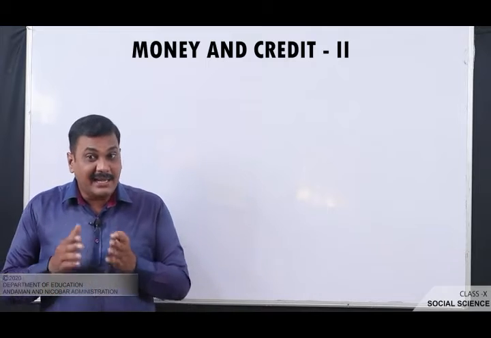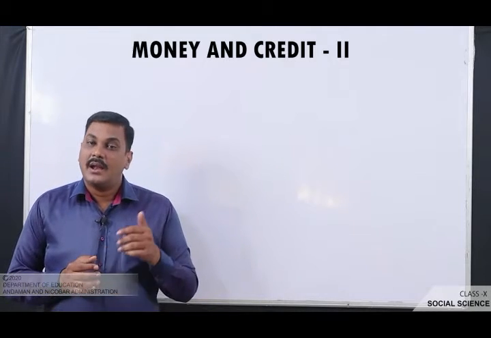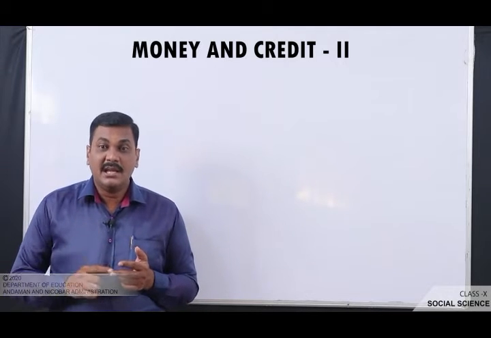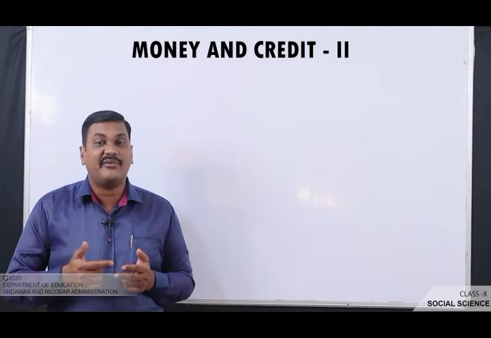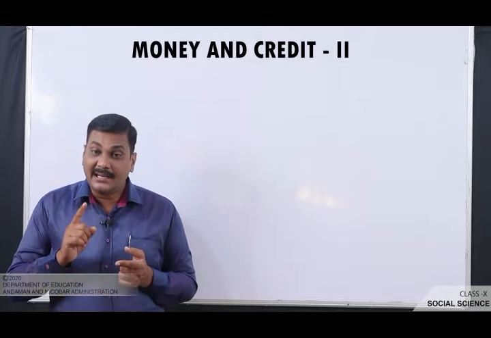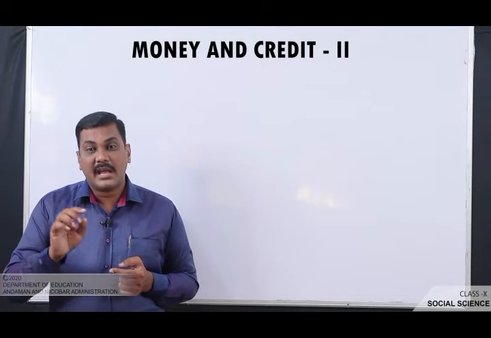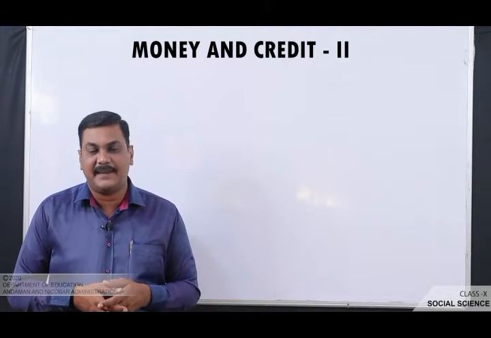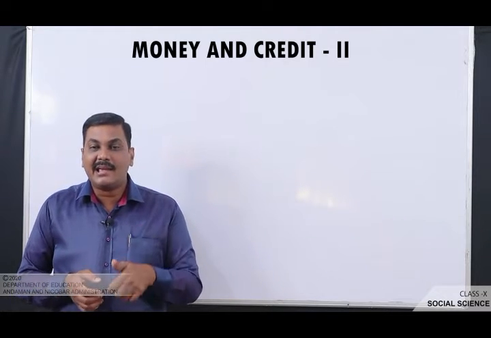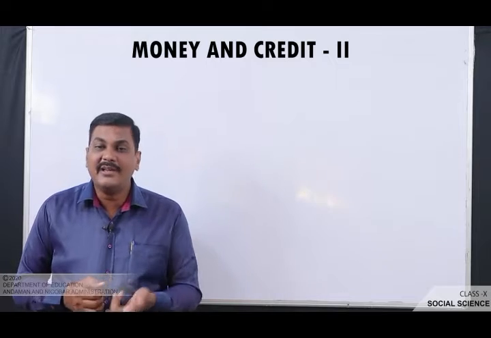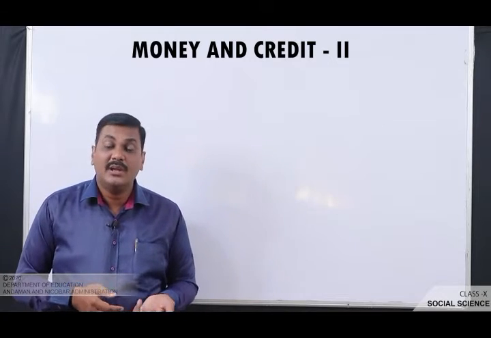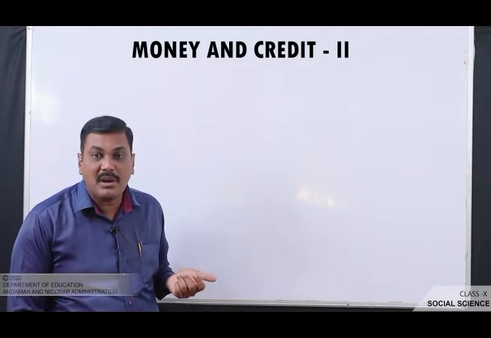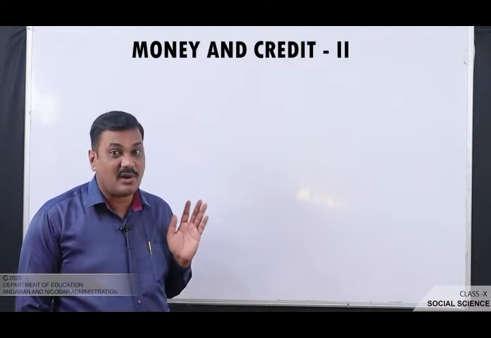On the other hand, informal sources are not controlled by anyone, and mostly they charge a very high rate of interest, and they grant loans for any purpose, with no or less documentation required. The lender can take any measure to recover the loan if the borrower fails to repay. These are the basic differences between formal and informal sectors of credit.